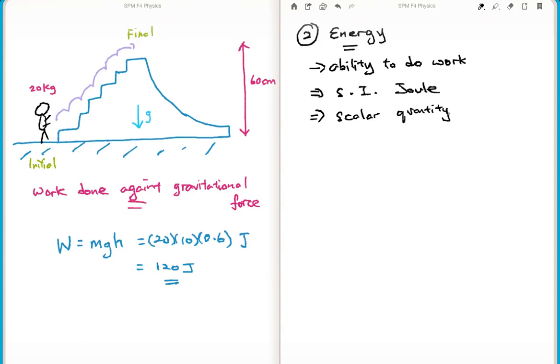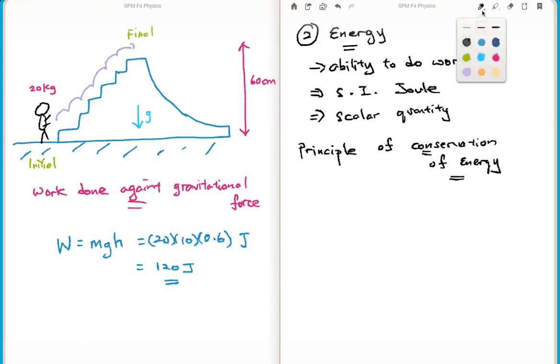Now in energy, something you will learn would be called the principle of conservation of energy. Maybe this is the first time or the second time you learn the principle of conservation of momentum. Now here is the principle of conservation of energy.